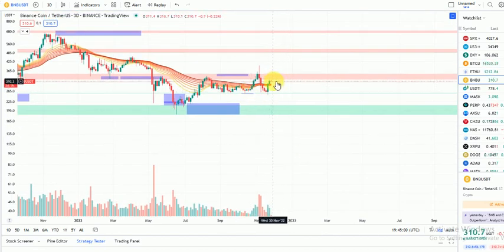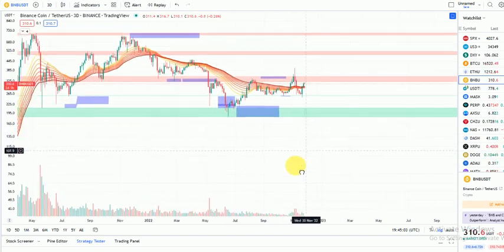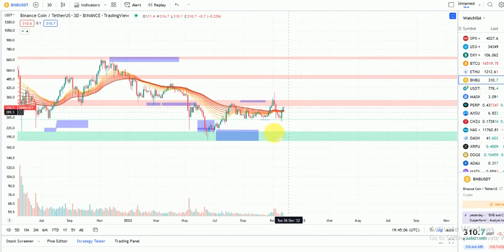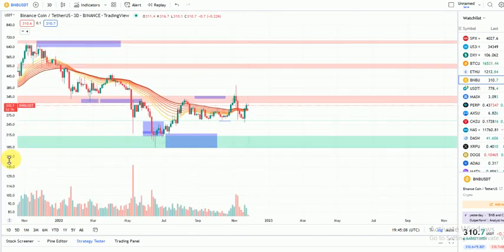We have our red line already at the resistance, so probably we should see BNB push to the downside, around the 297 region, and if that support doesn't hold, we should see BNB at the 262 region, right? So we should still expect more downside for BNB at the moment.